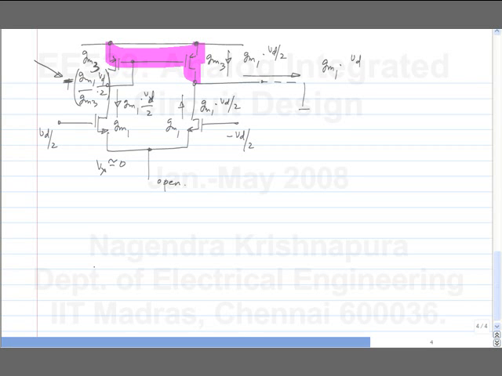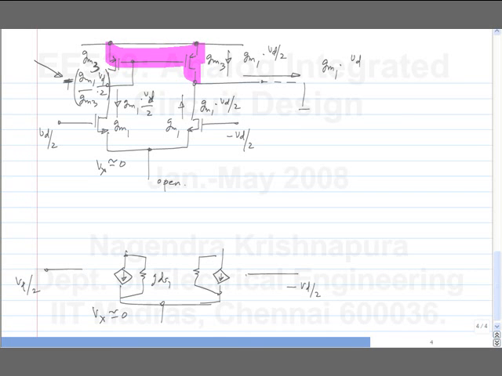I'll write the equivalent circuit again. So this is an open and tail node is at 0 approximately. And the diode connected transistor looks like a conductance of GM, right?